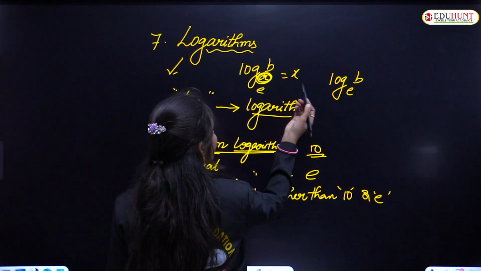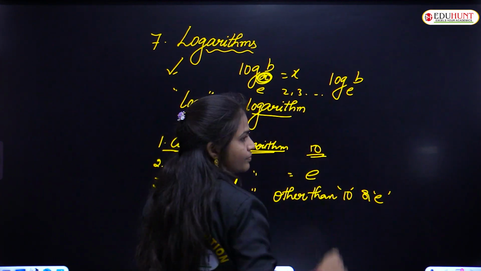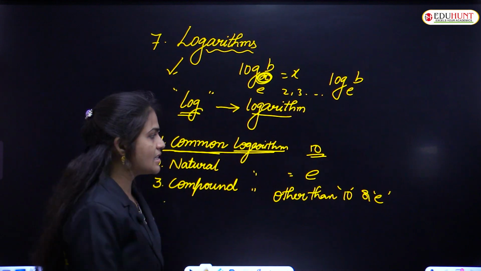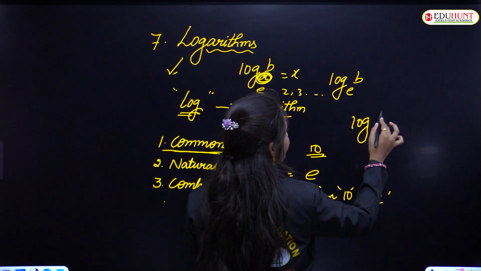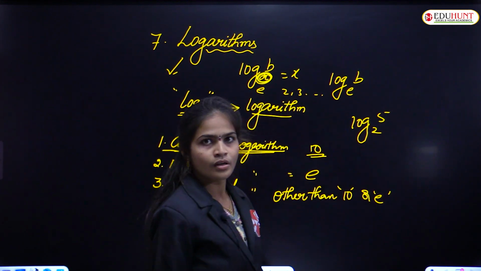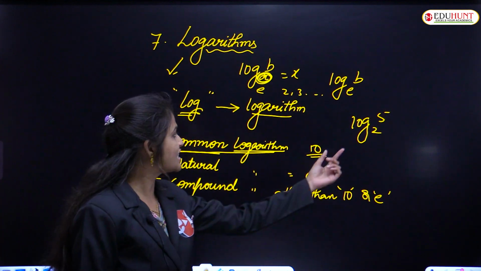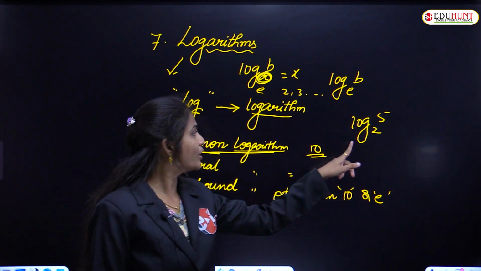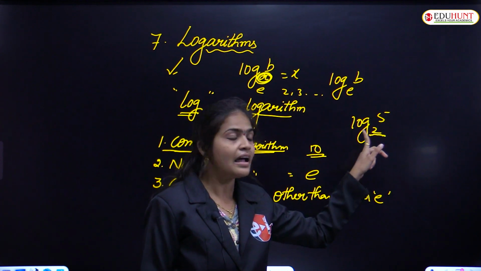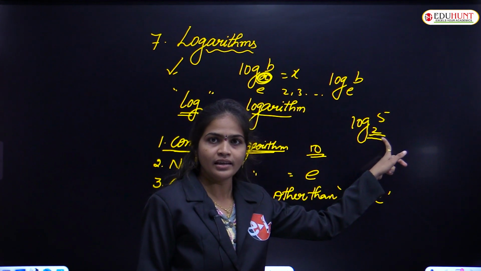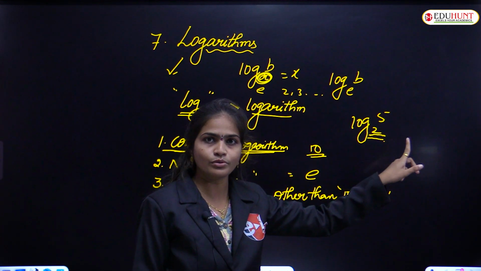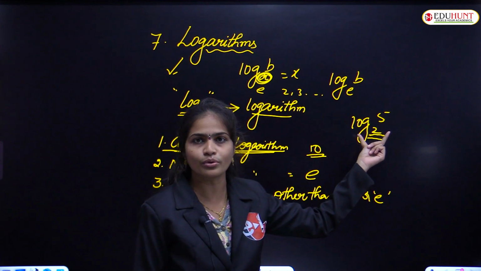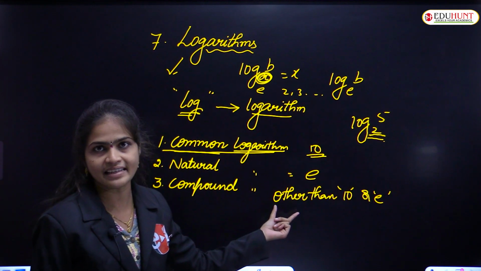At the place of a we can take 2, 3, and so on. Just like log 5 to the base 2. Such logarithms are called compound logarithms because the base is not 10 and not e; here the base is 2.